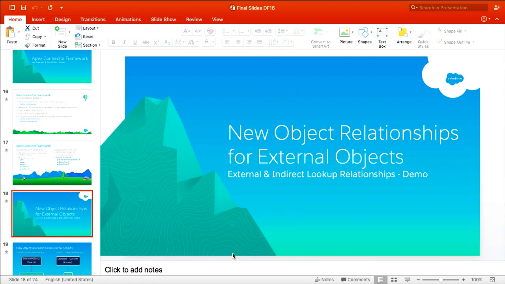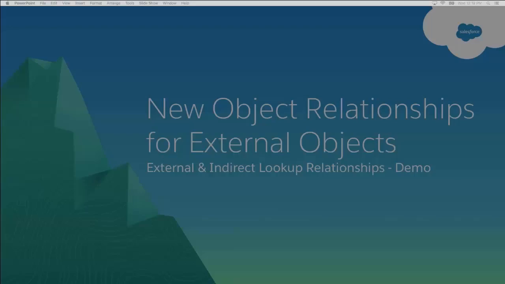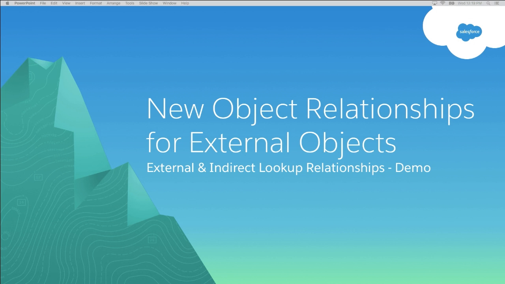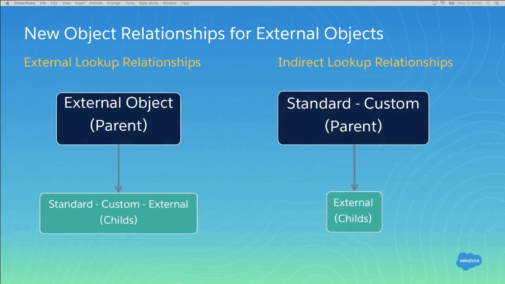As I told you, with external objects, there are new relationships available, which are external lookups and indirect lookups. Basically, it works this way. An external object could have standard, custom or even external children. On the other hand, you could have a standard or custom parent object, but always with external children.